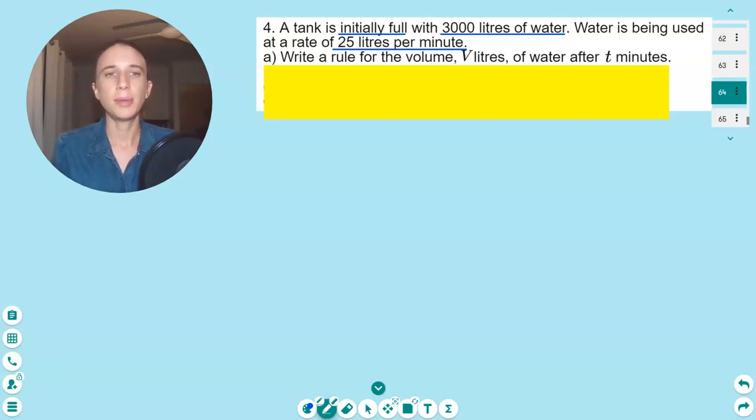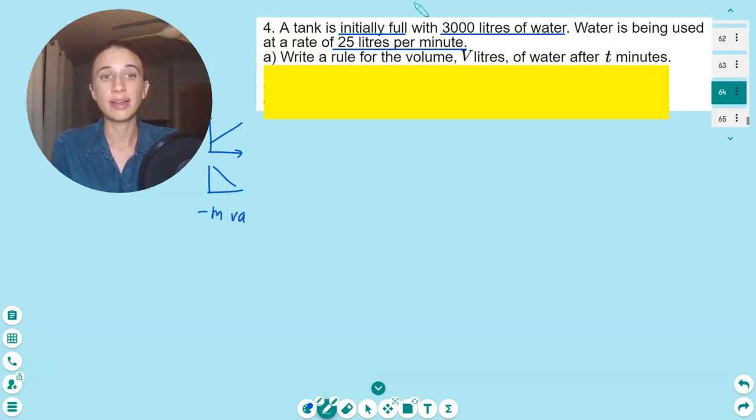Now have a think about this one. It's always handy to think about, is it going to be increasing or is it going to be decreasing? Now it says it's initially full and water is flowing out of it, right? So its volume is decreasing. So that is important.